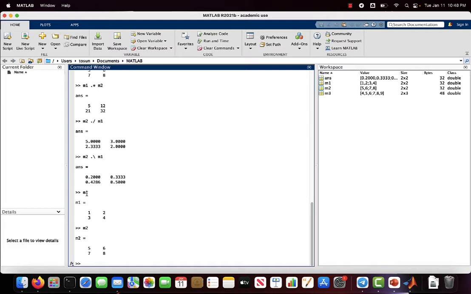Right now M1 is the upside of the division, and 2 over 6 will be 0.3333, and 4 over 8 will be 0.5, and 3 over 7 will be 0.4286.